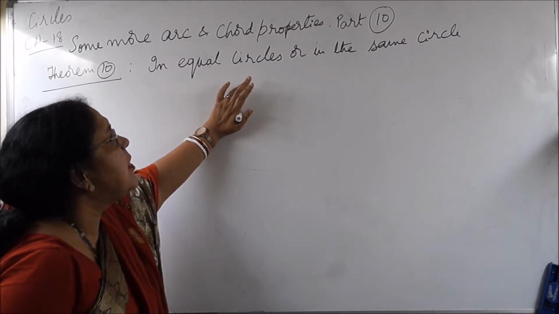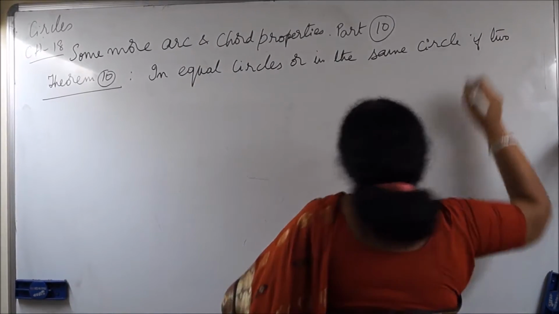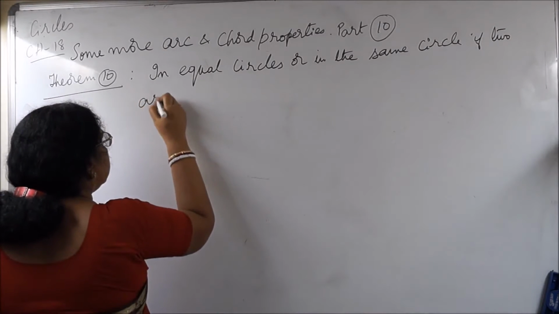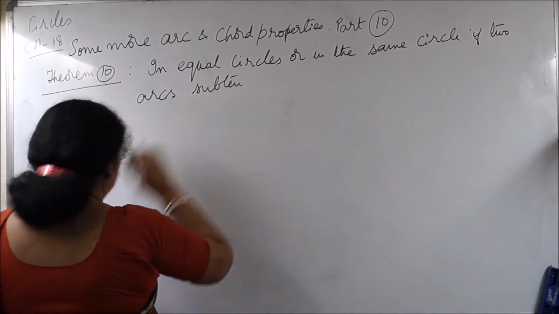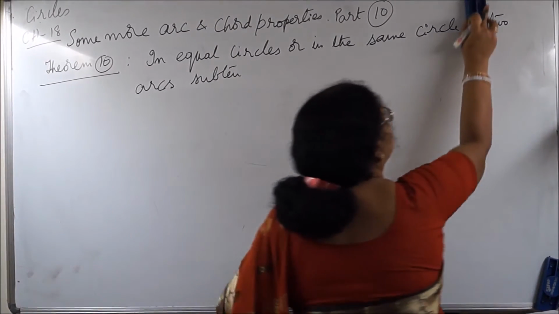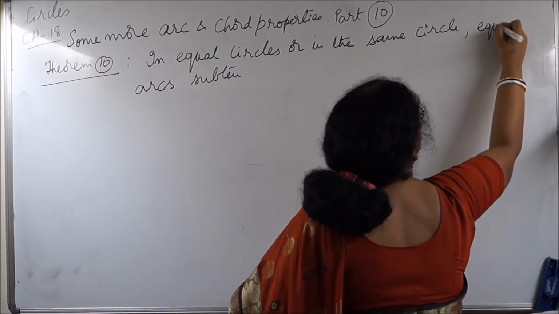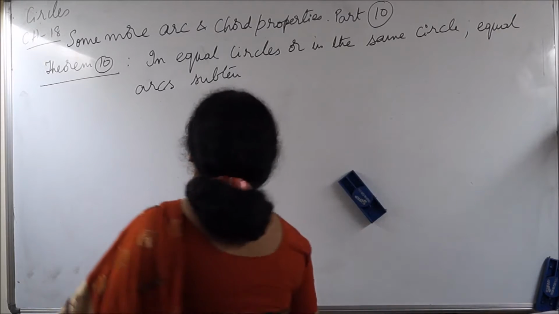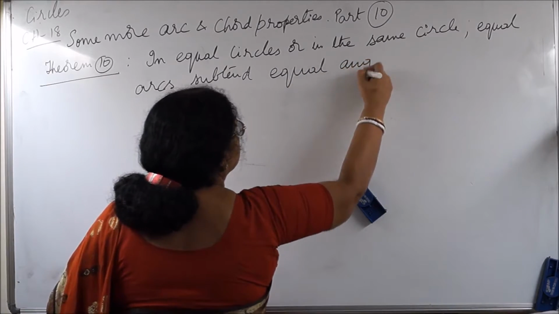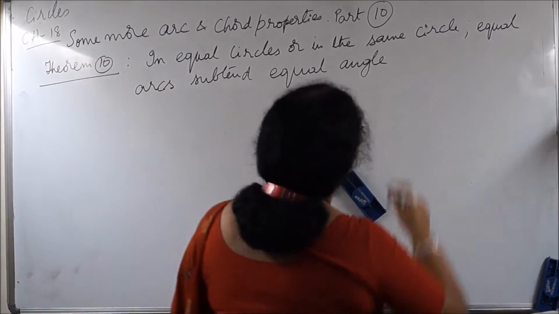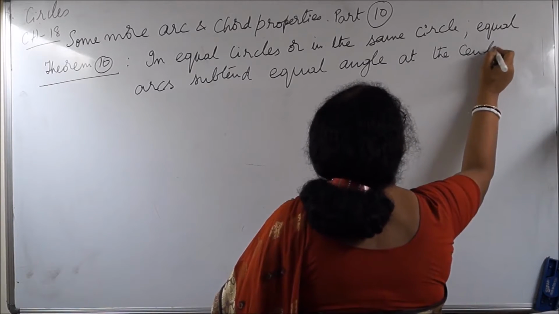So in equal circles or in the same circle, if two arcs subtend, or instead of if, equal arcs subtend equal angles at the center.